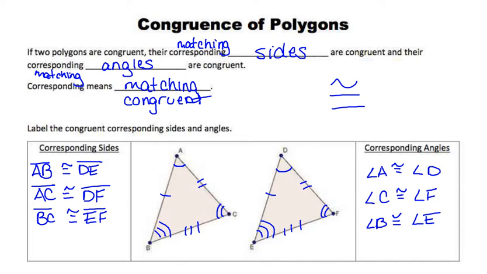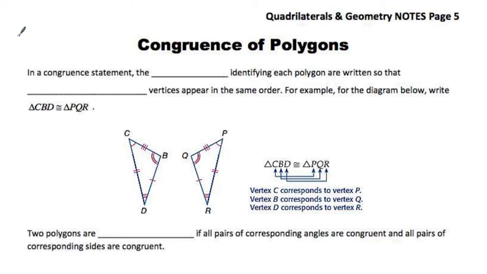So let's look at the next page. In a congruent statement, the vertices identifying each polygon are written so that congruent vertices appear in the same order. For example, in the diagram below, write triangle CBD is congruent to triangle PQR.